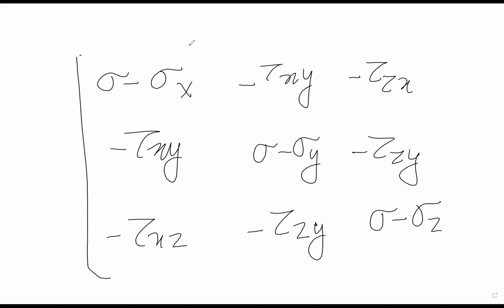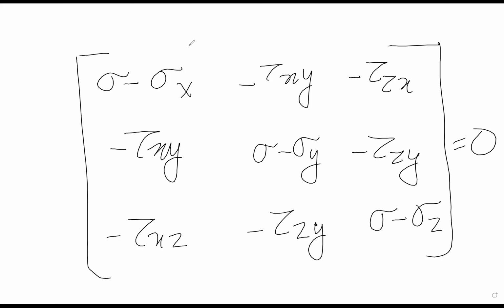This is the determinant of the three-dimensional plane, and that is equal to 0. This is the first basic equation of the three-dimensional plane derived here. This is the first determinant form of the three-dimensional stresses. This is very much important.